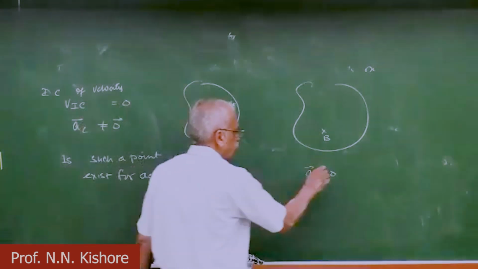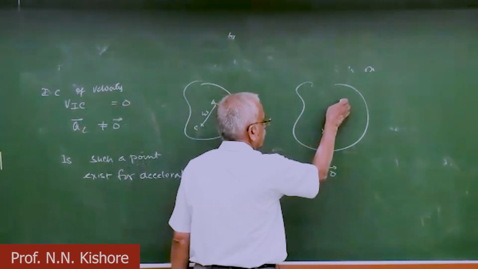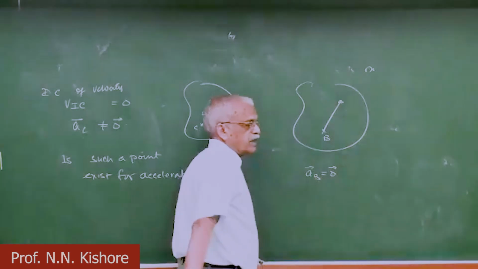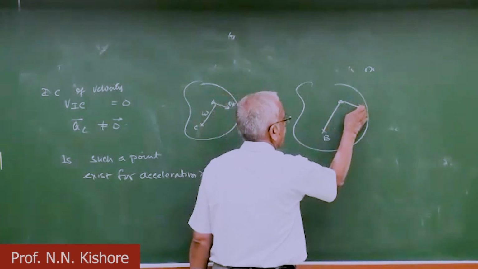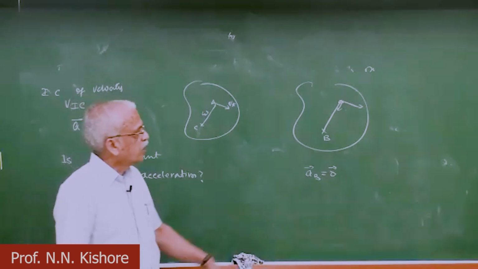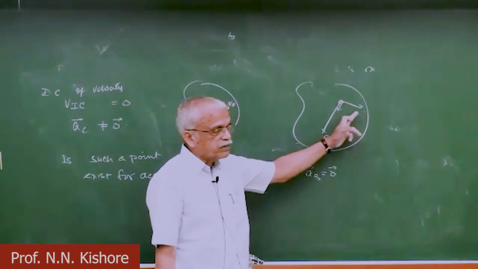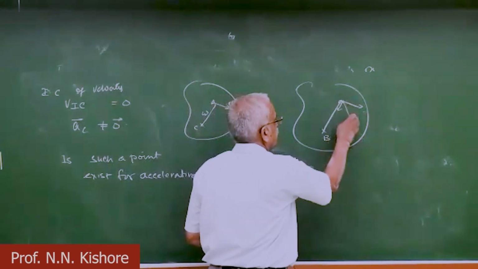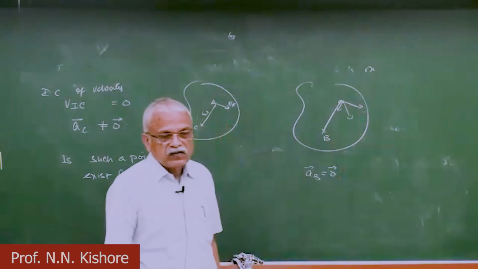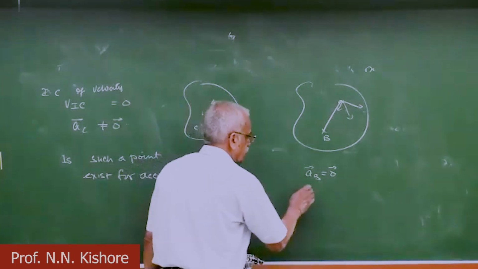Will it help you in any way? If you want to locate another point here, can you simply say that it is perpendicular or like this? No, you cannot say anything. There is a normal component and a tangential component. So there is no way that it's going to help you in any manner. So it's not going to help.